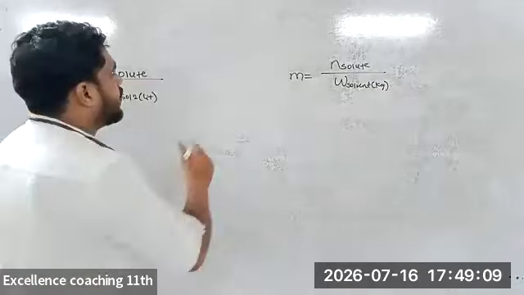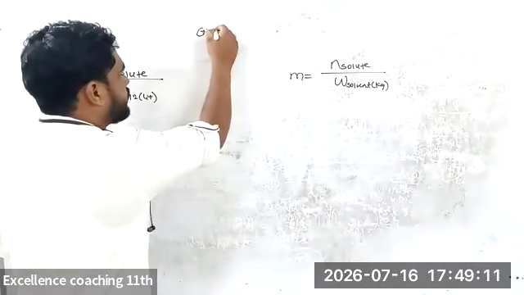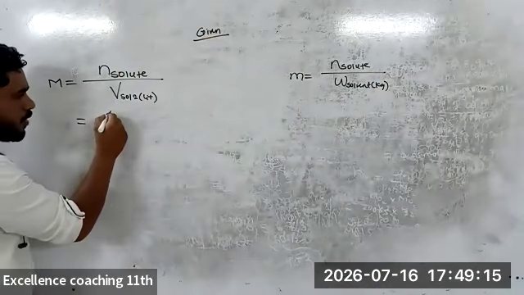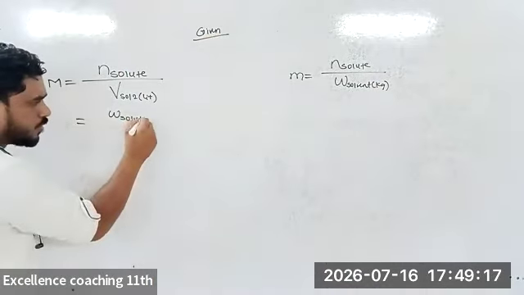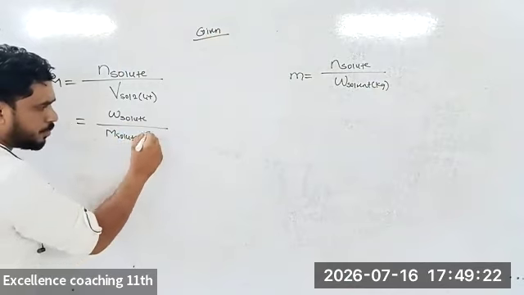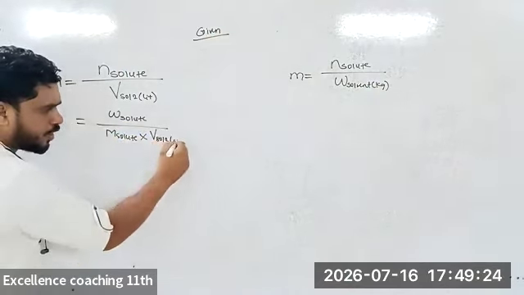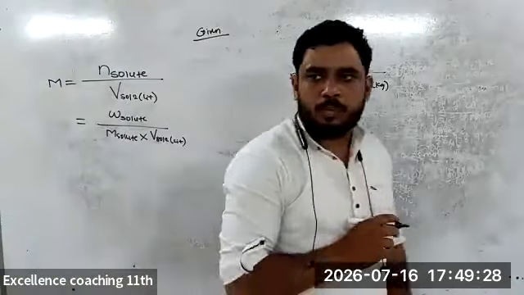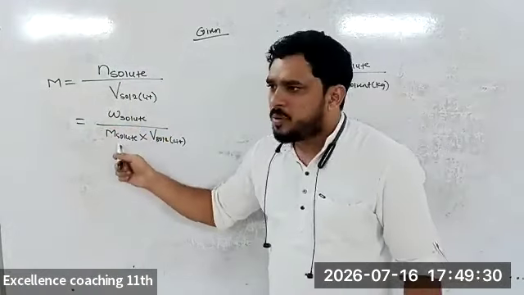Formula. Now we'll write what is given to us. So number of moles of solute means mass of solute upon molar mass of solute multiplied by volume of solution in liters. Are you understanding this? Number of moles formula is given mass upon molar mass.